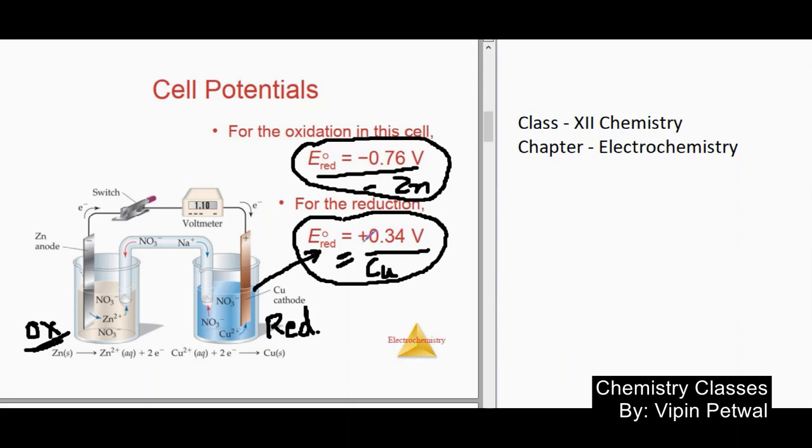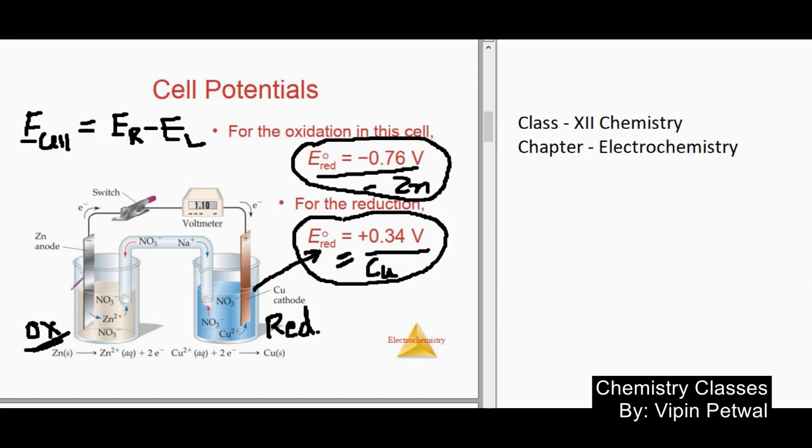So what is actually the cell potential? We can represent this cell potential by E cell, and this is equal to E R minus E L. So E cell equals E R minus E L.